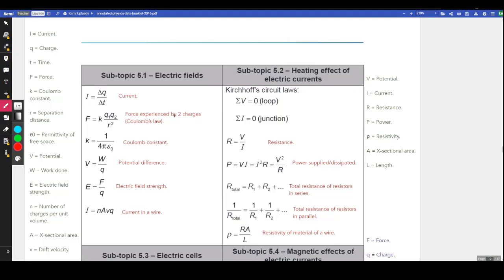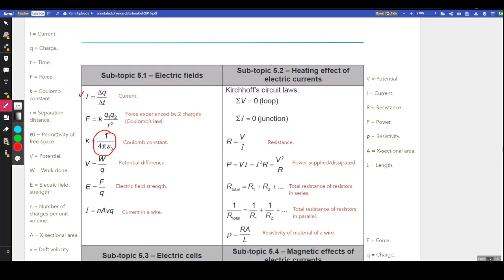Alright, moving on to topic 5.1. The first one is current definition, nothing really special, charge over time. You should be okay with that. And then the next one is Coulomb's law, which is the electric force experienced by the two charges. K is the Coulomb constant, and that could also be expressed as 1 over 4 pi epsilon naught, which is the permittivity of free space.